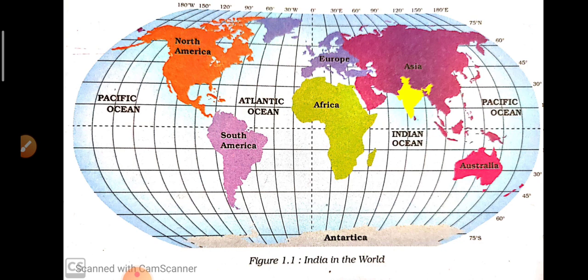That means India lies between 8 degree 4 minutes north, and the northernmost point of India touches the latitude of 37 degree 6 minutes north. Right. So we understand the position of India according to the latitudes. That means it lies between 8 degree 4 minutes and 37 degree 6 minutes to the north.